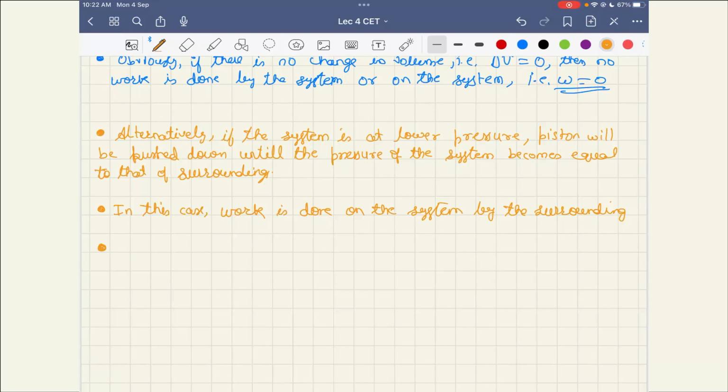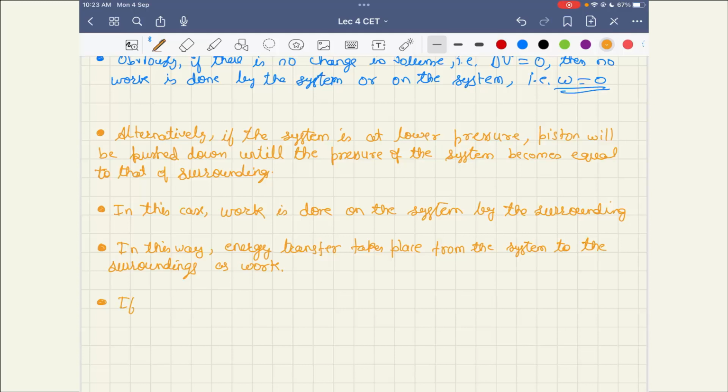In this way, energy transfer takes place from the system to the surroundings as work, right?